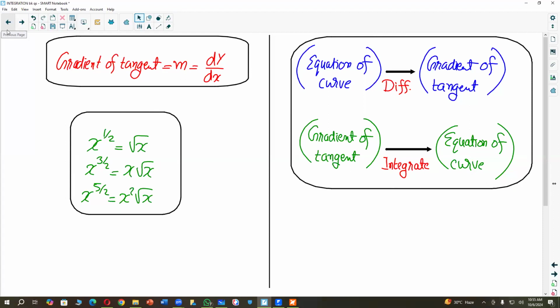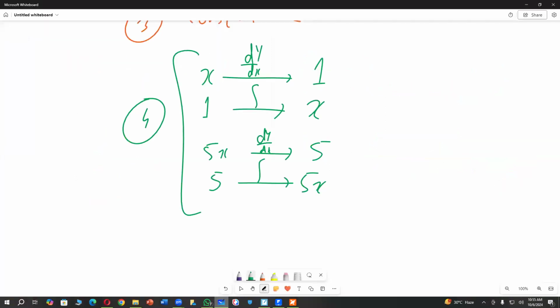So if you want to convert it back, x under root x is equal to x into x power half. So it will be x power 3 upon 2. This will be the way to show it back. So it's actually power management.